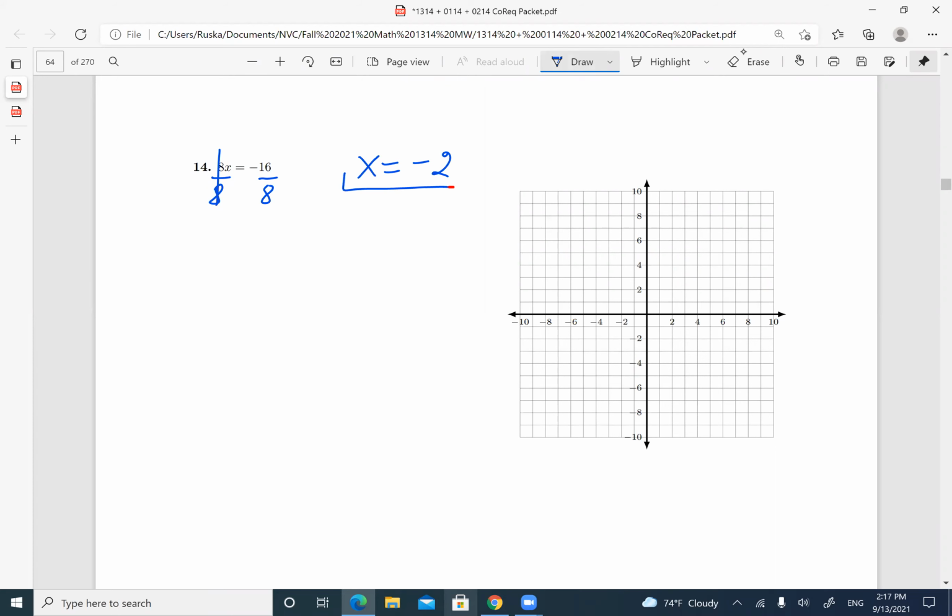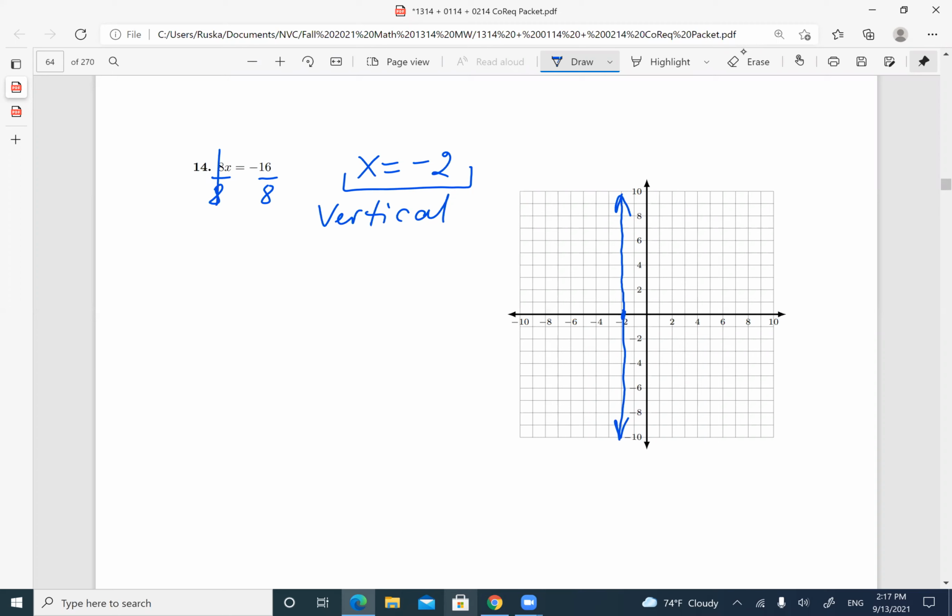So x equals -2 means you have a vertical line. How do I know it's vertical? Because x is -2. So I'm going to go to -2 at x, and my line is going to have the same x. So it's going to look like this. X is always the same. No matter what y is, x is always -2. So that's how you graph a vertical line, okay?